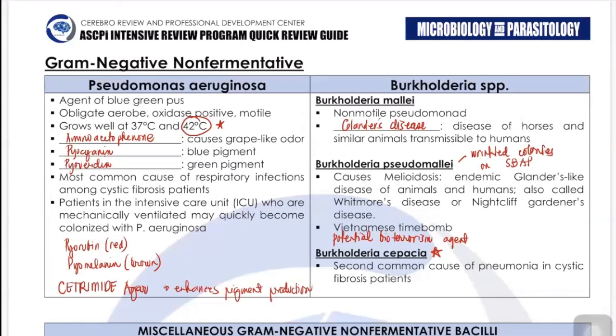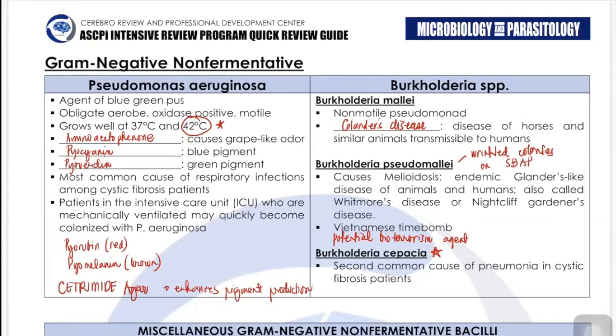Sa katunayan, guys, take note of the 4 organisms that must be screened always in patients with cystic fibrosis. I do not know if I already have mentioned that in the previous lectures. But again, take note of the 4 organisms. First, we have Pseudomonas aeruginosa, Burkholderia cepacia, Staphylococcus aureus, and Haemophilus influenzae.